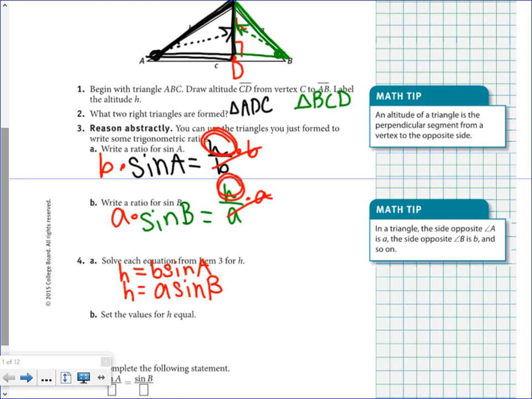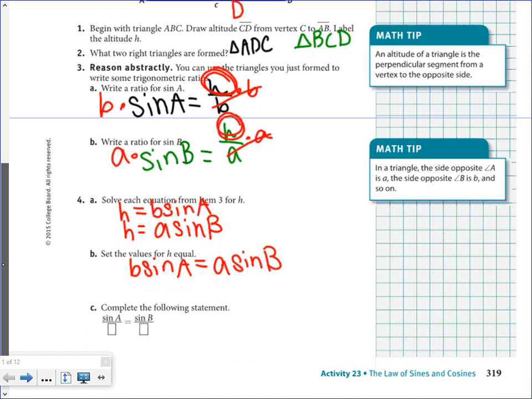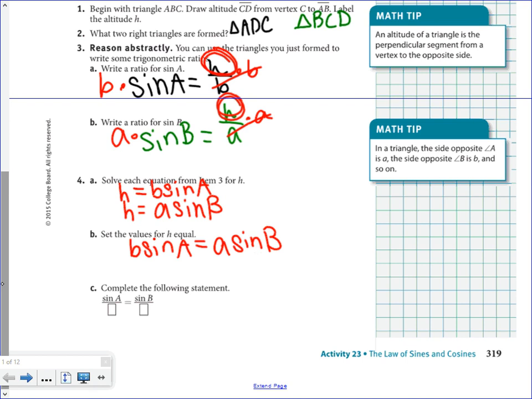Now we want to set the values for H equal to each other. Both of these are equal to H, so I can say B times sine of A is equal to A times sine of B. And then the last step is to try and complete this statement.